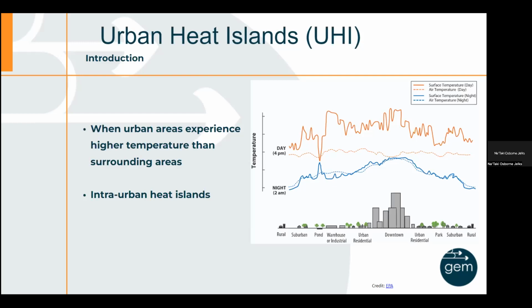So this is really where heat and equity tend to connect. There might be an inequitable distribution of heat-related risks across different populations within the same urban area. So it's really important to start understanding how heat varies within a city. And this is kind of what we focused on for our newest heat island data set that we're coming out with.